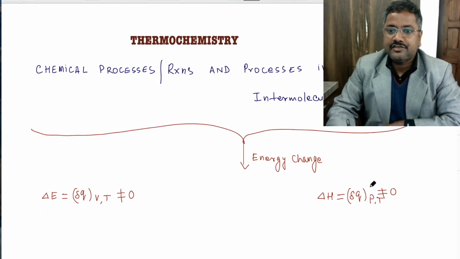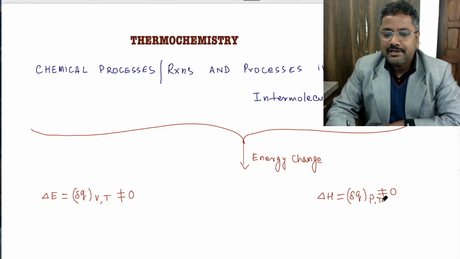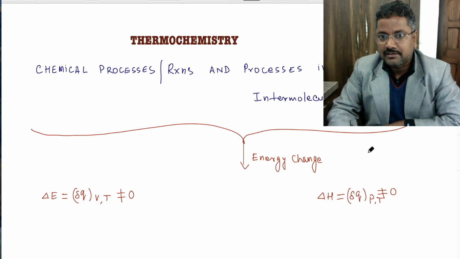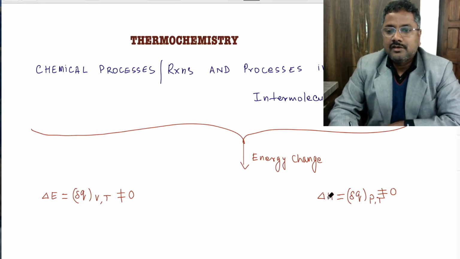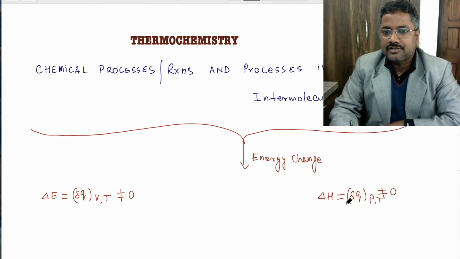And the net heat change at constant pressure and temperature is called delta H, or enthalpy change, for these chemical reactions and processes involving the cleavage of intermolecular forces. So this is a constant volume function and this is a constant pressure function.